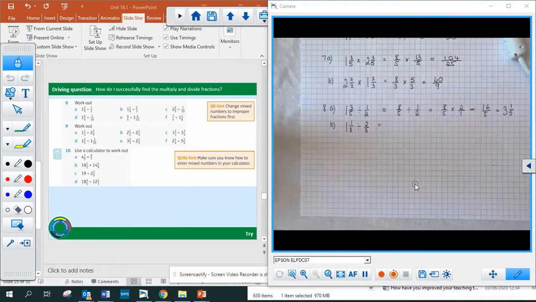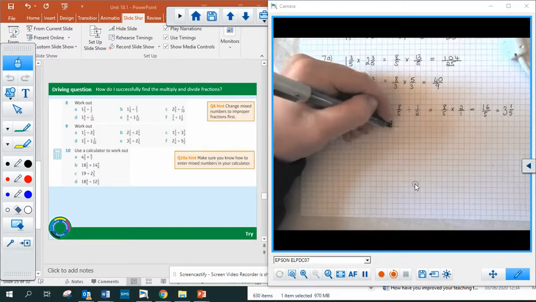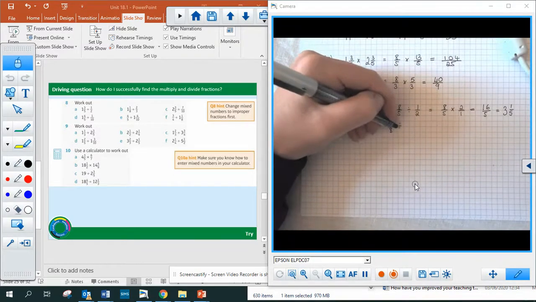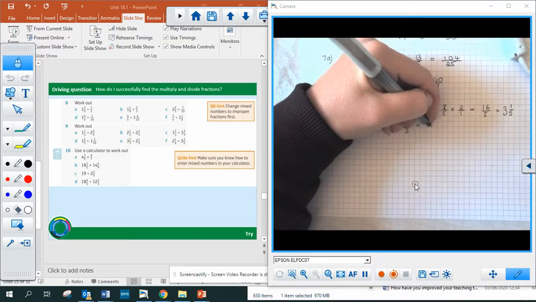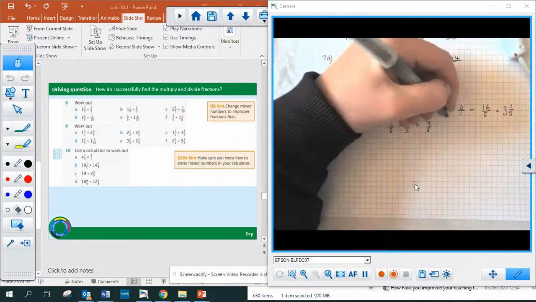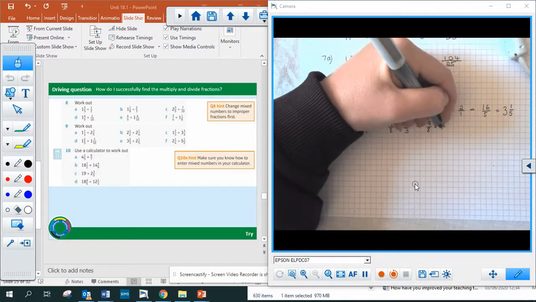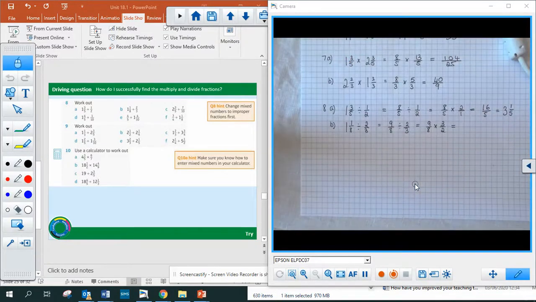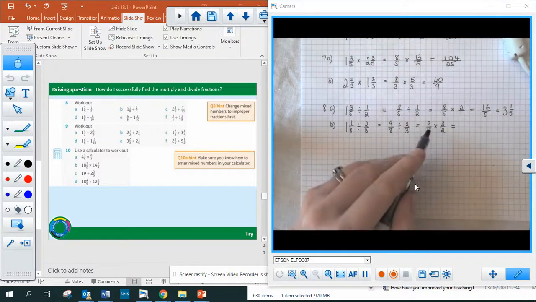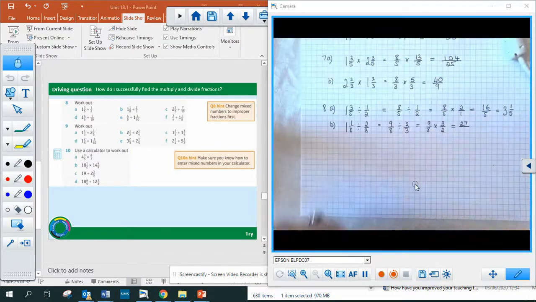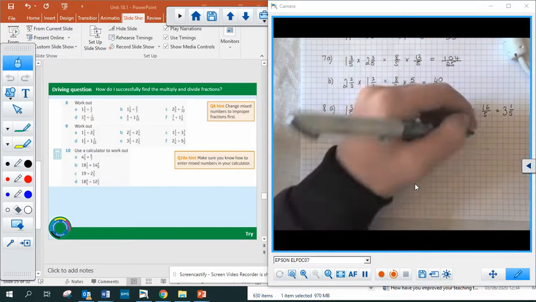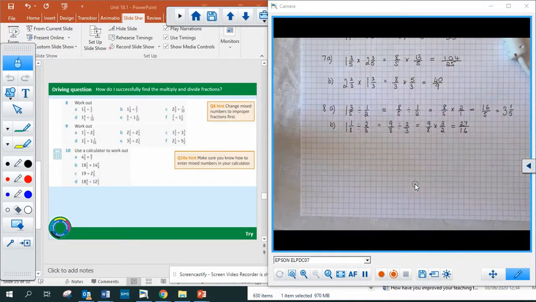Get rid of my mixed numbers first. 1 times 8 is 8, plus 1 is 9. So it's 9/8 divided by 2/3. Then apply my rules. Keep my first fraction, change my sign, and flip my last fraction to its reciprocal. Now multiply as normal. Multiply my numerators. 9 times 3 is 27. 8 times 2 is 16.